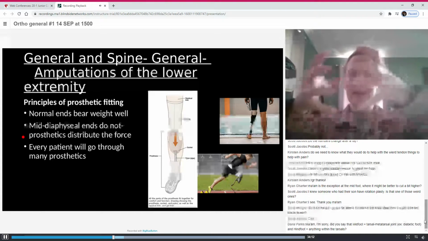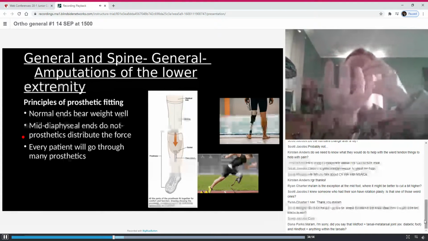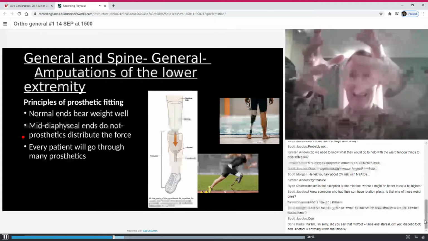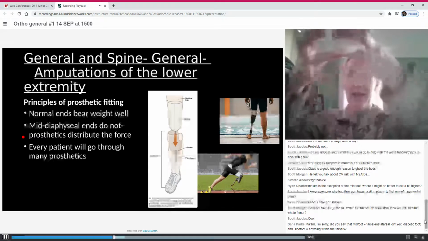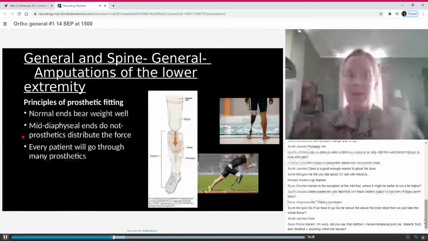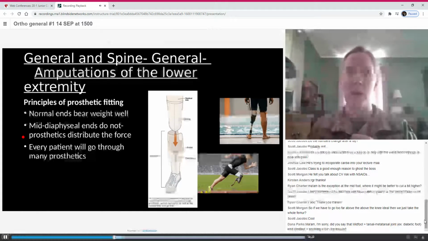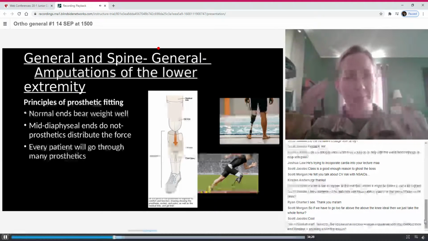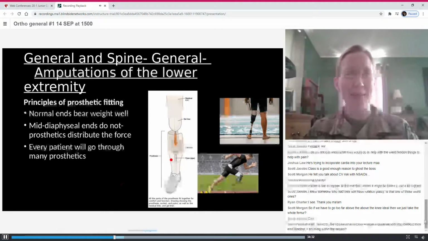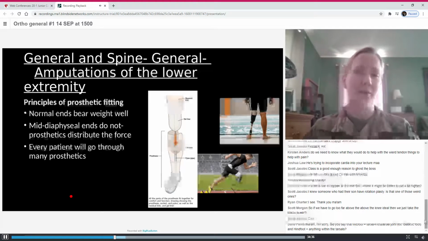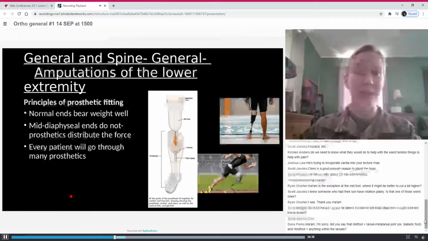It's not just the end that is bearing the weight; it's kind of suction cupped onto the distal limb, and that helps distribute the weight to the sides as well as to the end. That's a little weird for a first pass, but once you think about it, there's nothing padding down distally, and you go, oh yeah, that totally makes sense.